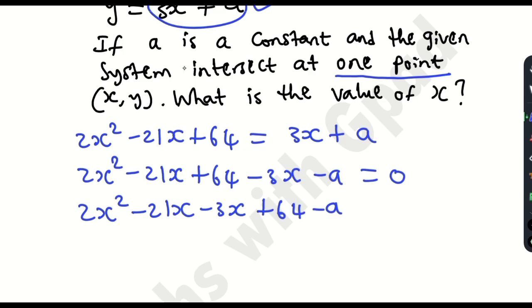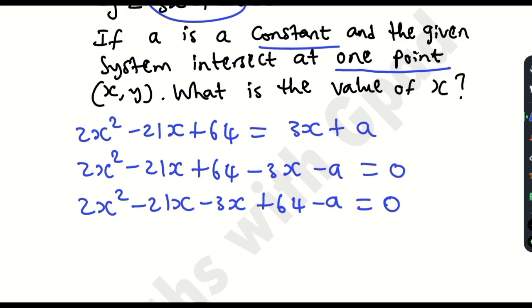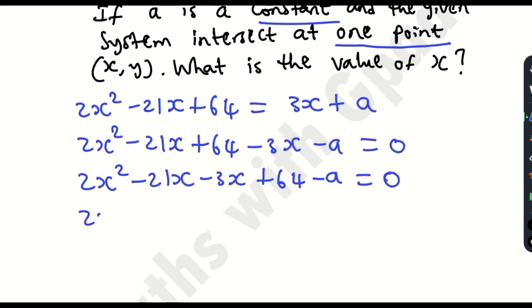Remember, they said a is a constant. This is equal to 0. Let's simplify this. 2x squared, minus 21x minus 3x is minus 24x, and then plus 64 minus a is equal to 0.